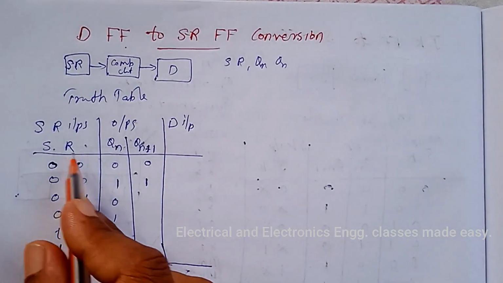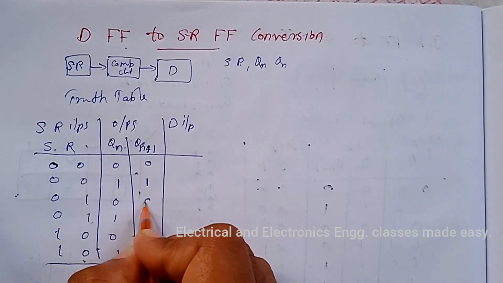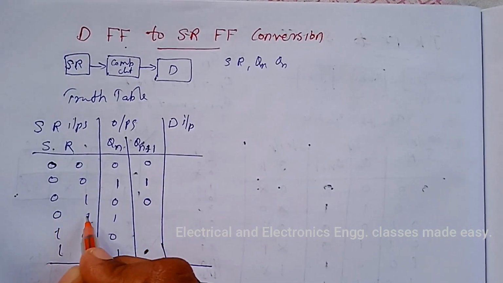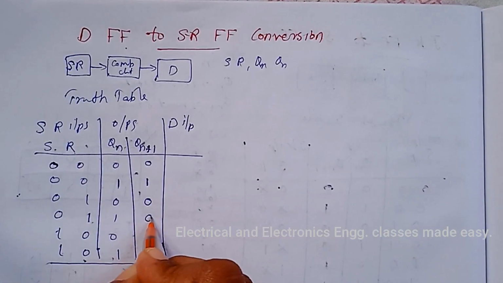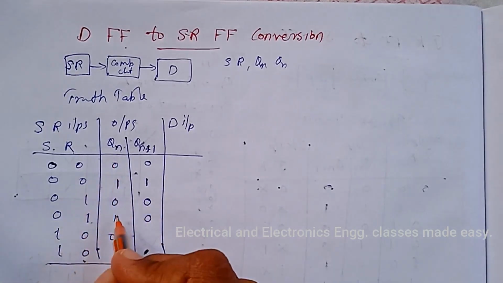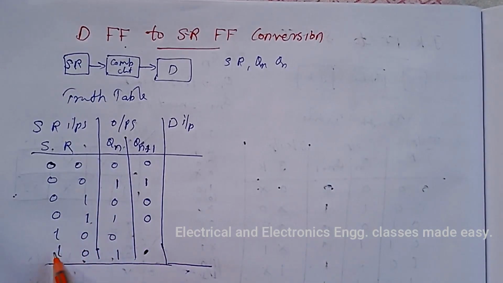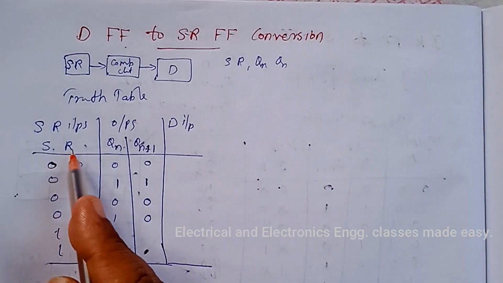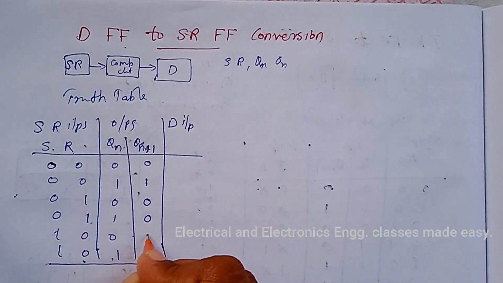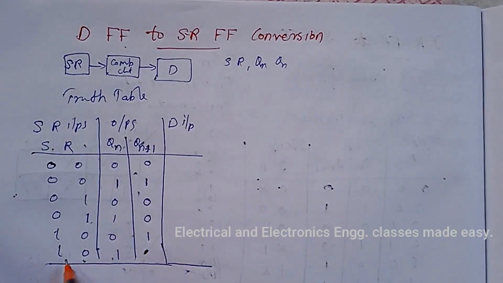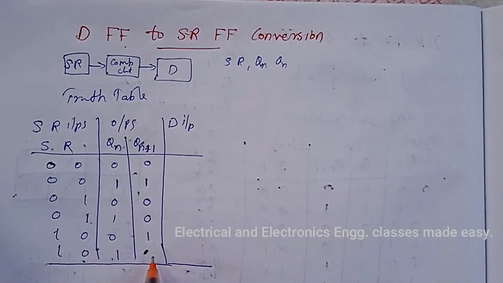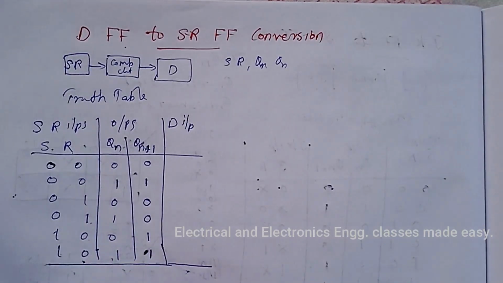For 0 and 1 it is reset. Here also 0 and 1, that is reset condition, that is it will not depend upon the present state. Next is 1 0. 1 0 to SR input means the output is set. Here also 1 0, the output is set.